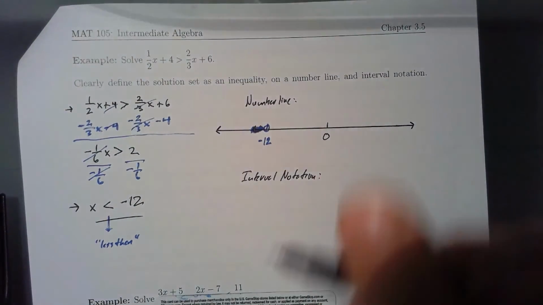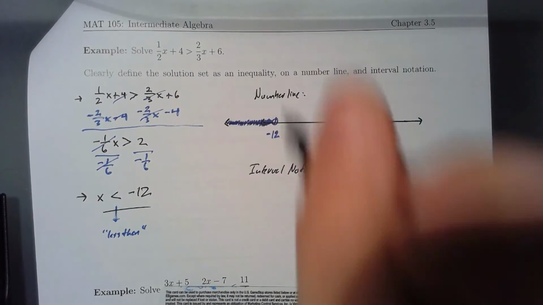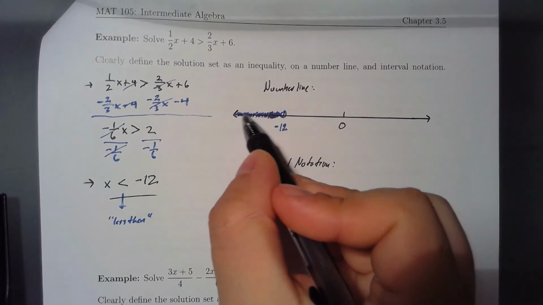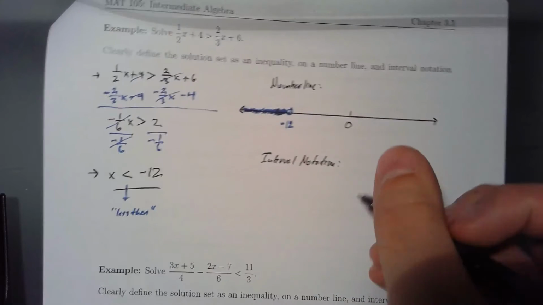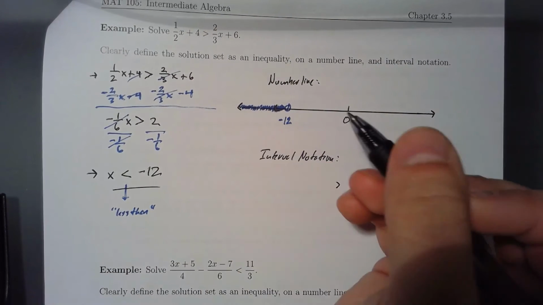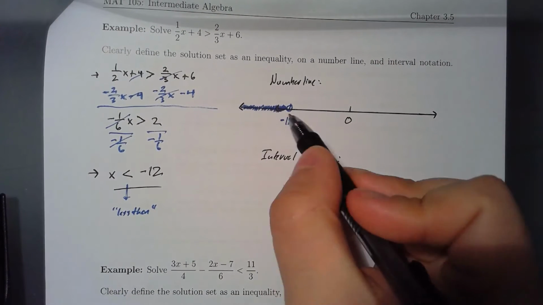That's a little bit better. So what's the smallest value if I kept going to the left? Remember, interval notation, smallest value, comma, largest value. So the smallest value, if I keep going to the left forever and ever, is going to be negative infinity. And the largest value on this interval is negative 12.